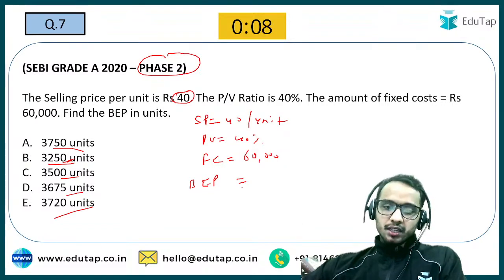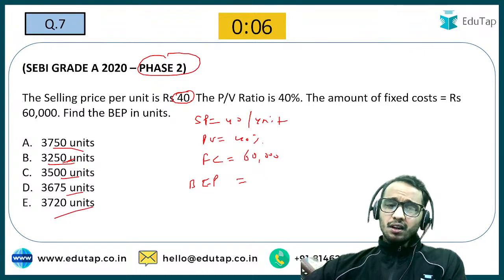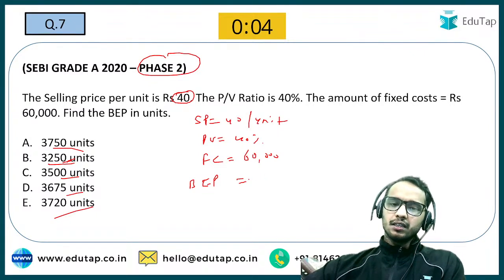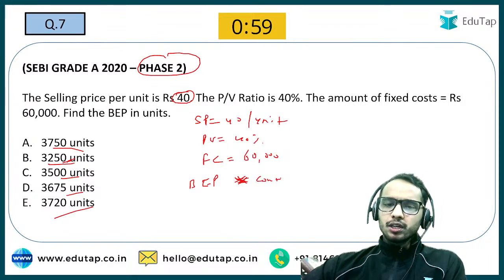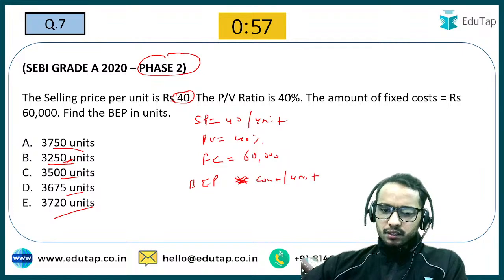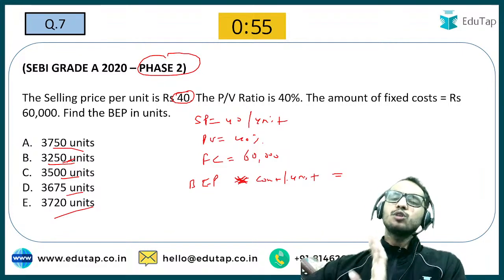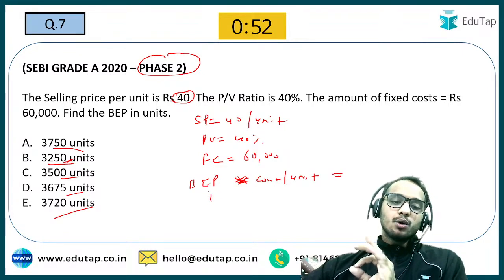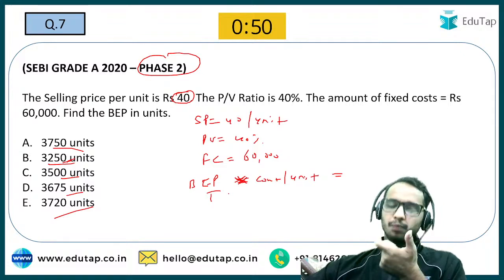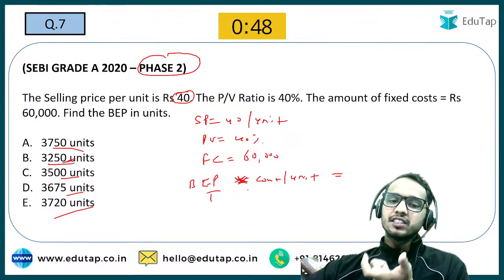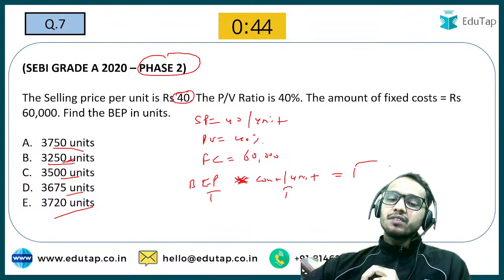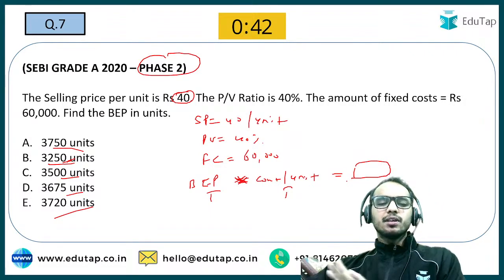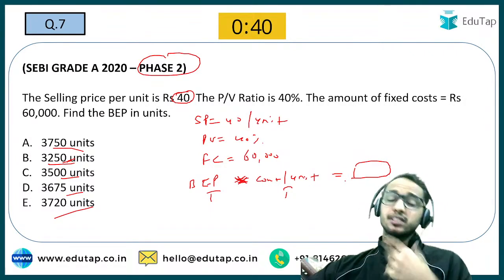Suppose you have BEP in units, the number of units you have sold in case of break-even sales. Understand the formula, don't try to mug it up. When you multiply it with contribution per unit, what is the value you are going to get? Can anyone tell me? Don't tell me the answer of this question. Tell me what I'm asking you.